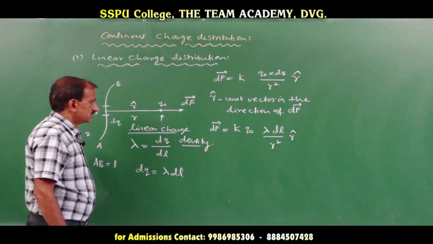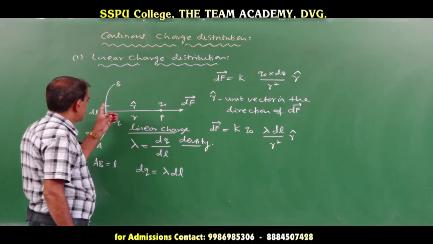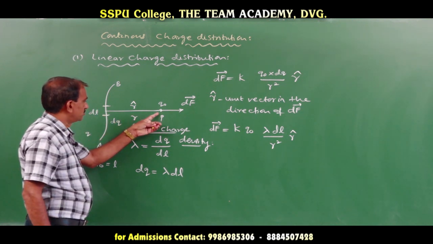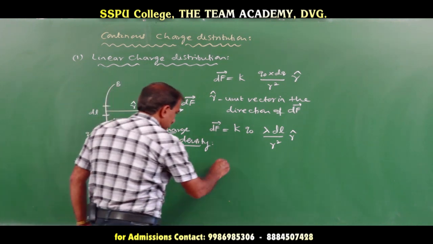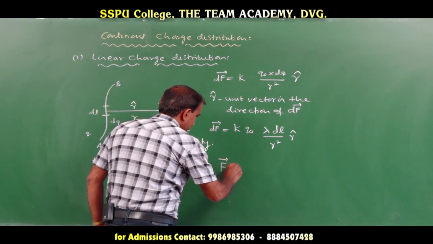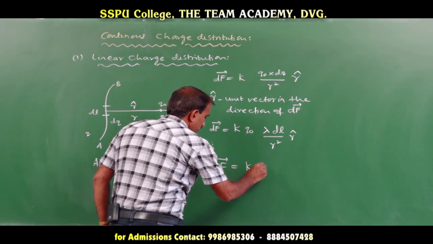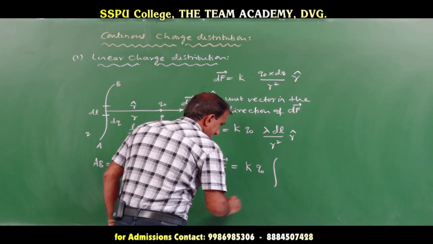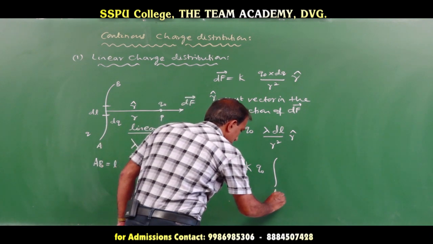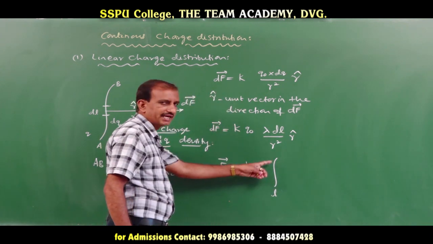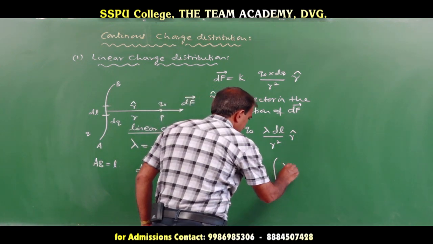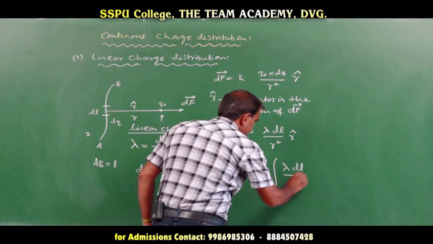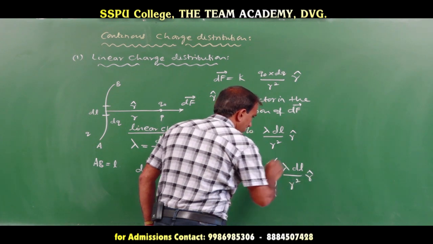Now the force on charge q naught due to the entire length AB is F equal to k into q naught into the integral over L, called the line integral, of lambda into dl divided by r square into r cap.